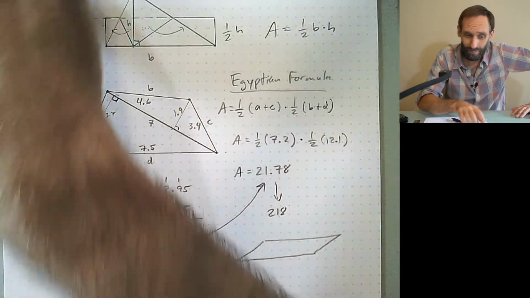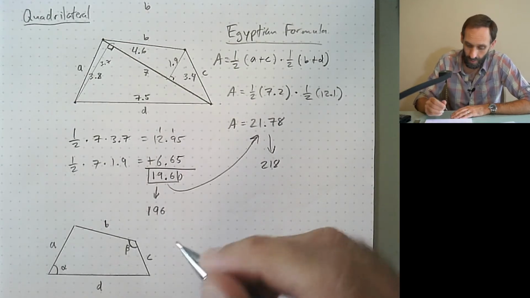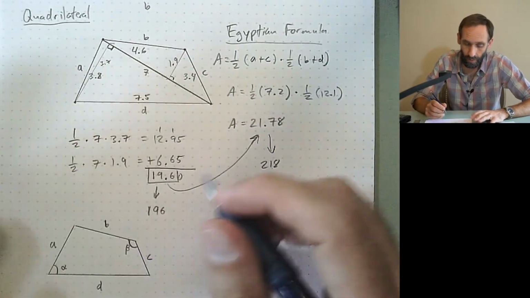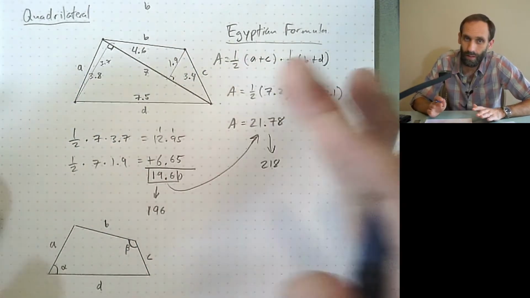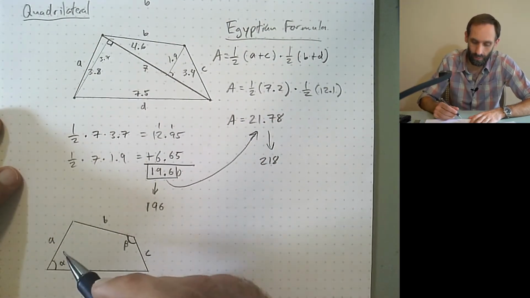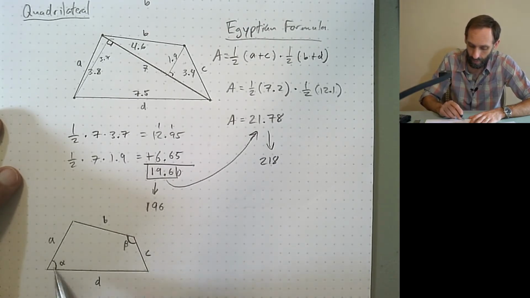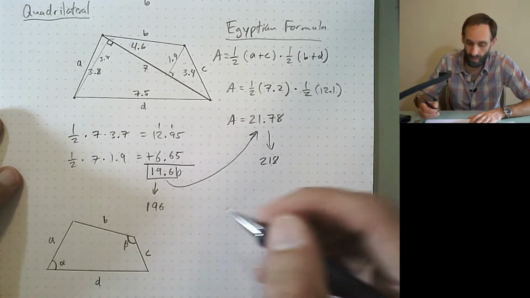Just a thought. Okay, so it turns out there is a precise formula for the area of a quadrilateral, but it's a little bit involved. If you have a quadrilateral like this with sides A, B, C, and D, you also need to specify two angles. We'll call those alpha and beta. They would have to be across from each other.